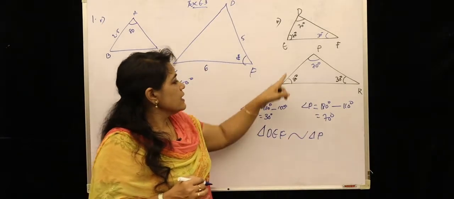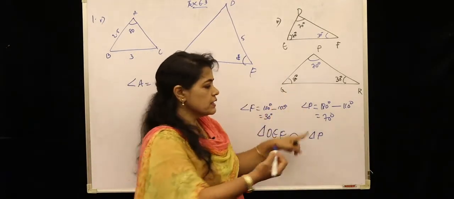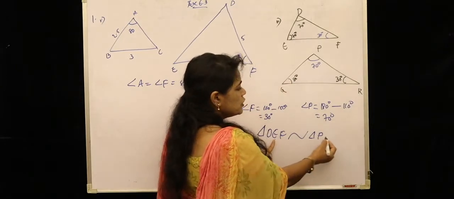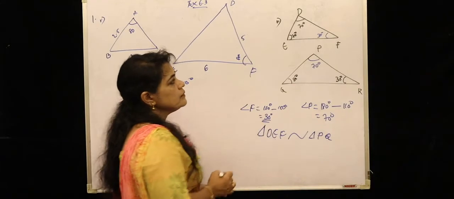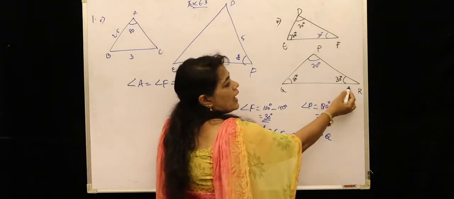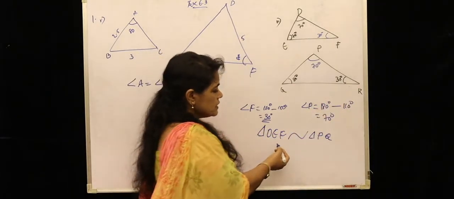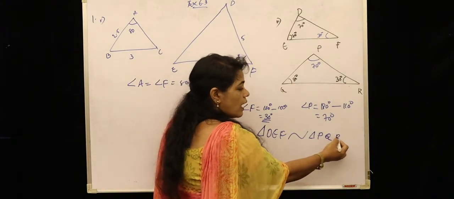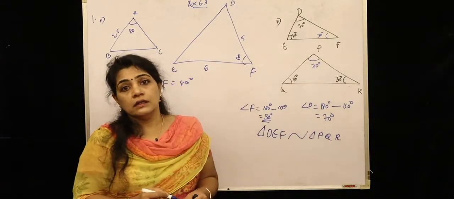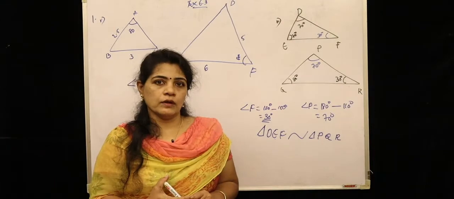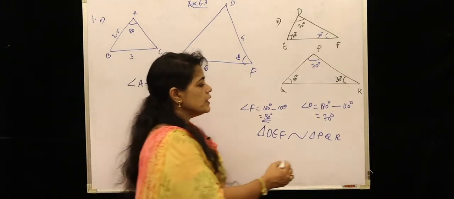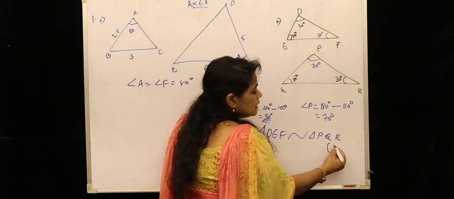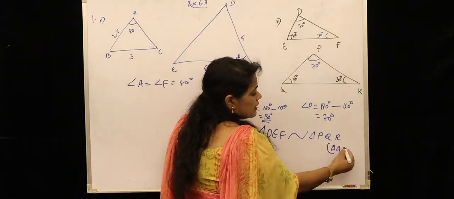Angle E is 80, here angle Q is 80, second position, E and Q. Angle F equal to angle R, angle F comes in the third position, so R should come in the third position in the second triangle PQR. So these two triangles, triangle DEF and triangle PQR, are similar under the AAA criterion.